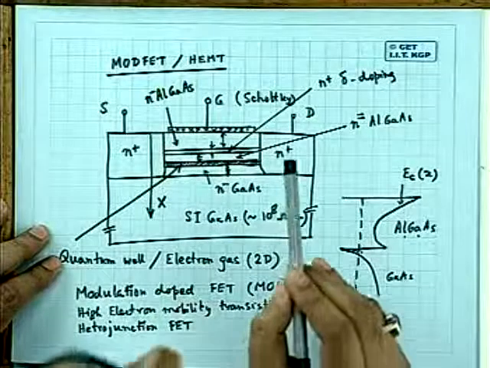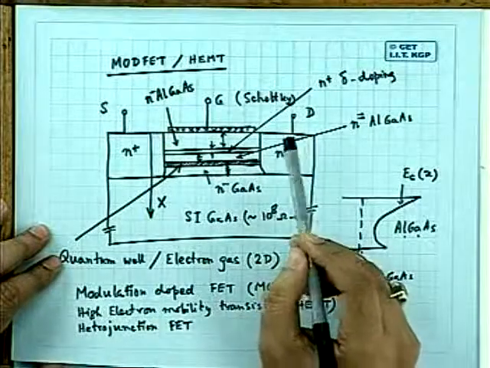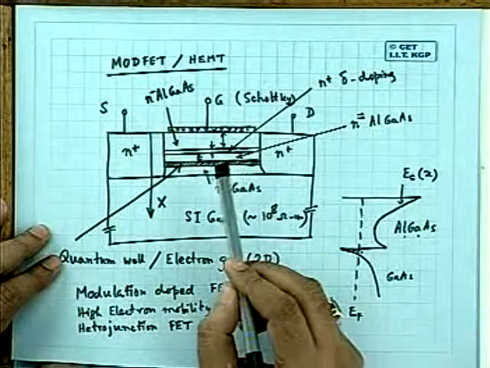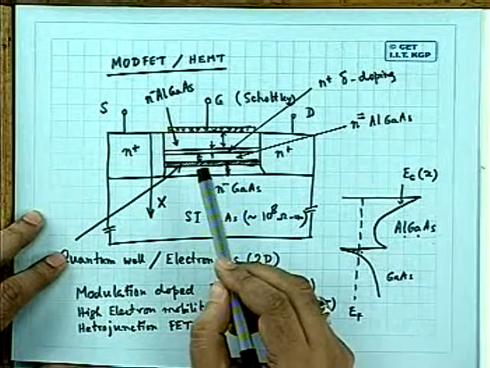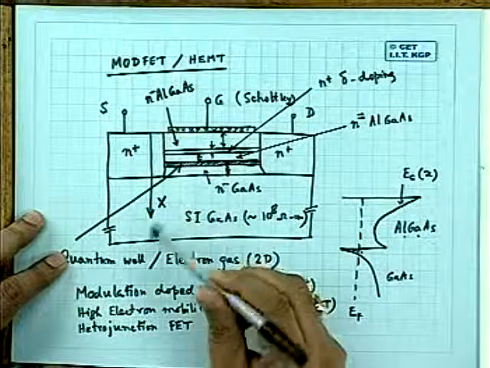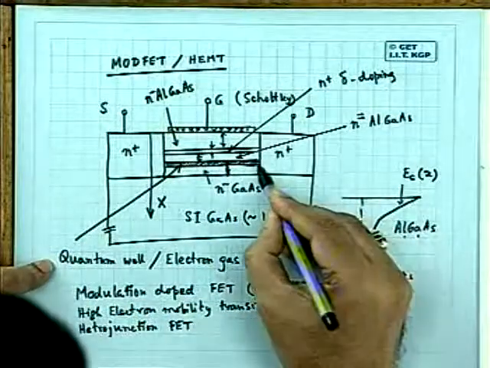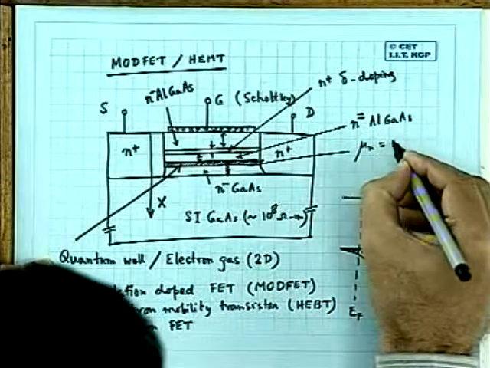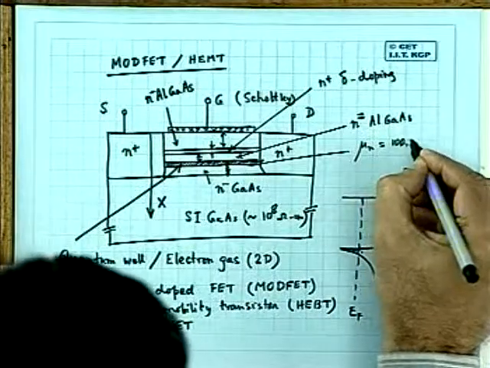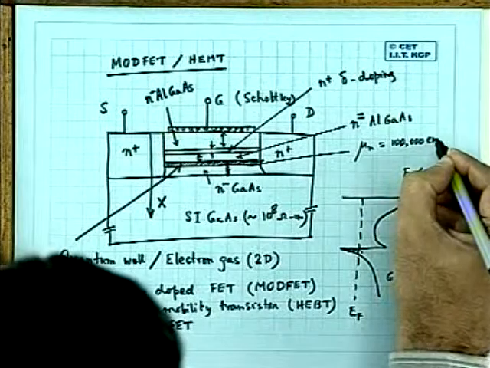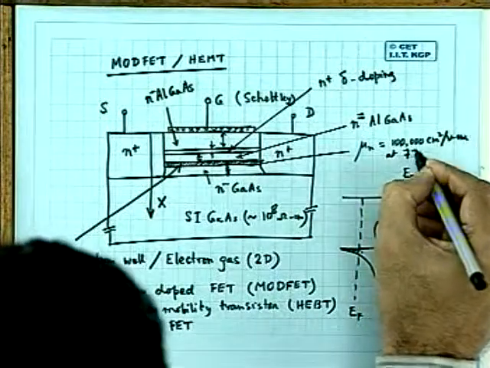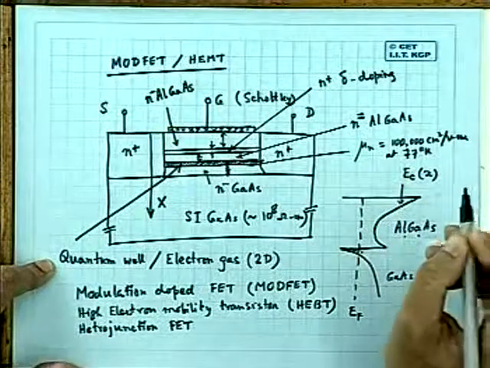And in fact, if you go to a low temperature, 77 degree Kelvin, this mobility may be a very, very high value, which is several hundreds of thousand centimeters, about typically a mobility mu n of around 100,000 centimeter square per volt second at 77 degree Kelvin is not uncommon.